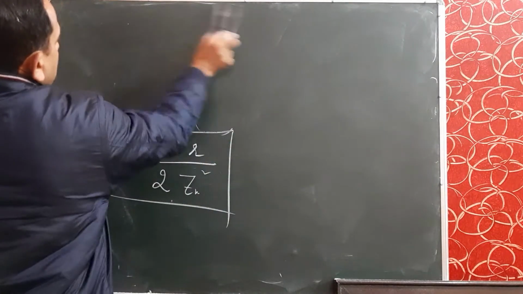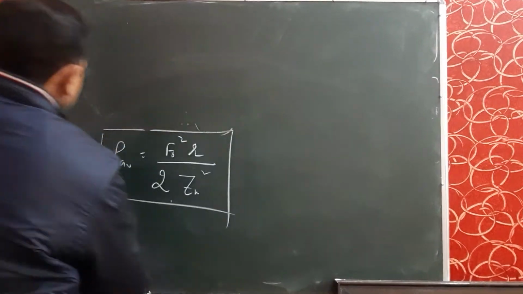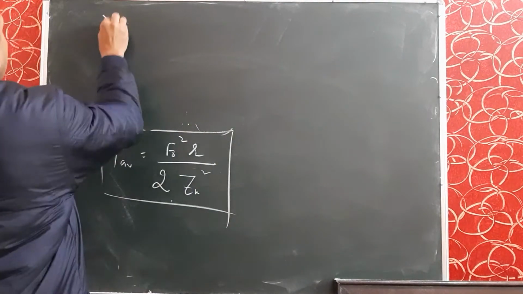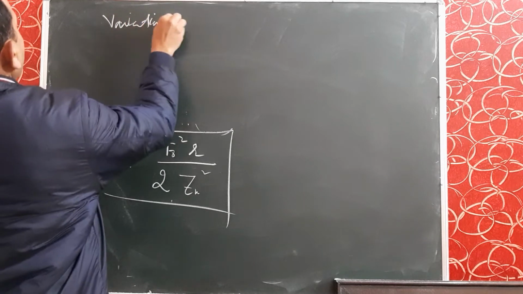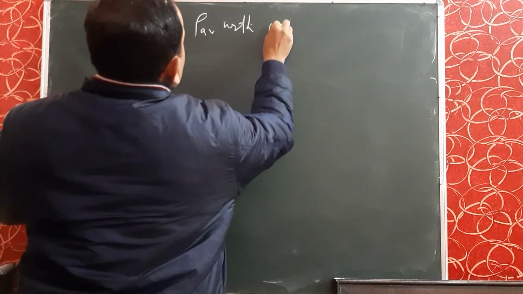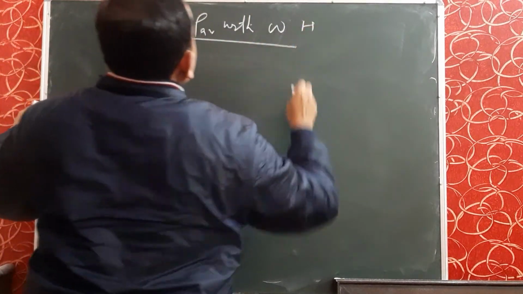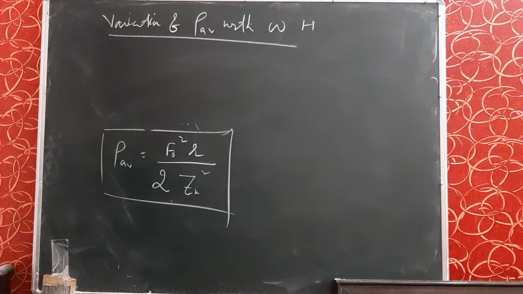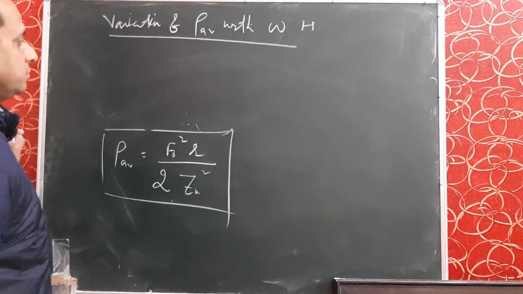Now similarly, we will again discuss the variation of average power with omega, with driving force frequency. As we have already discussed the different variations of displacement amplitude with omega, phi with omega, velocity with omega, acceleration with omega, now it is the variation of average power with omega, with angular frequency.